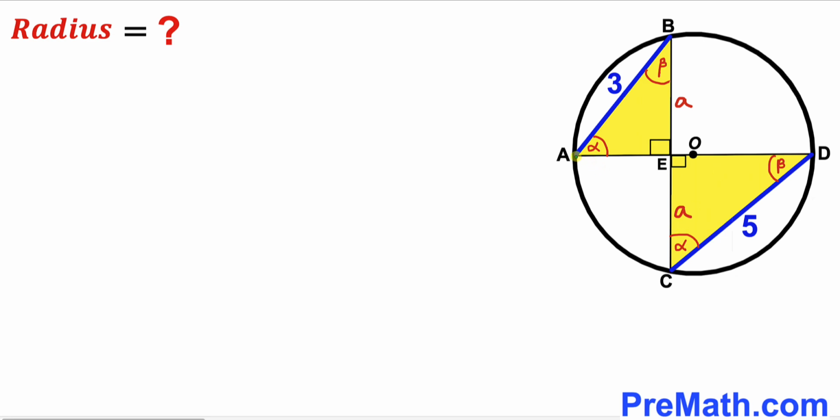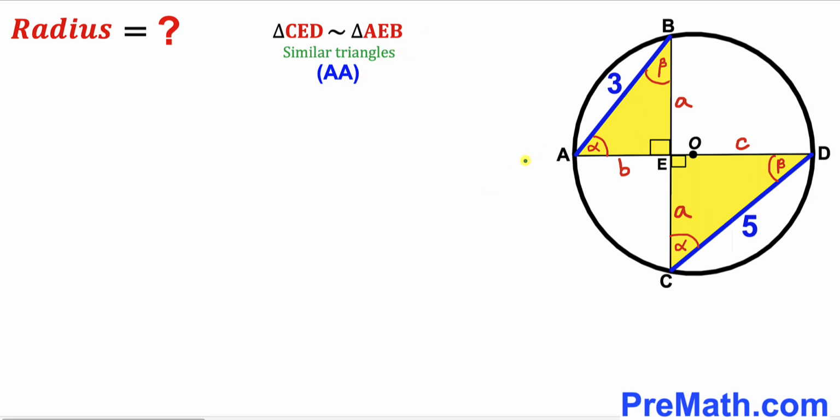Moreover, I'm going to label this segment AE as lowercase b, and finally this segment ED as lowercase c. Now we can see that this right triangle CED and this other right triangle AEB are similar triangles according to the angle-angle similarity theorem.